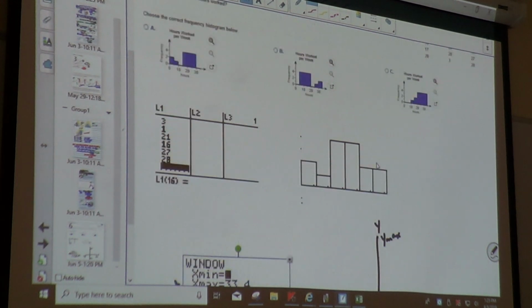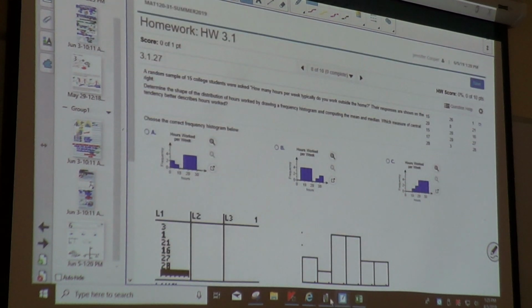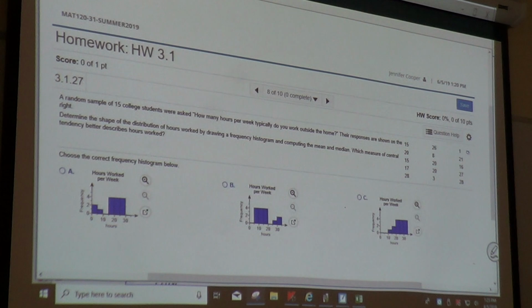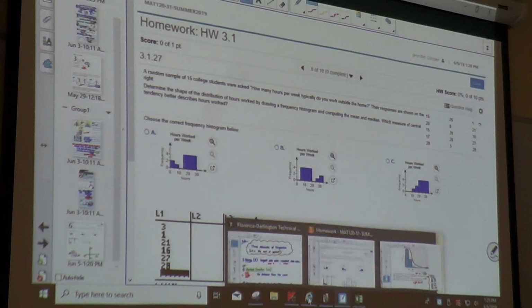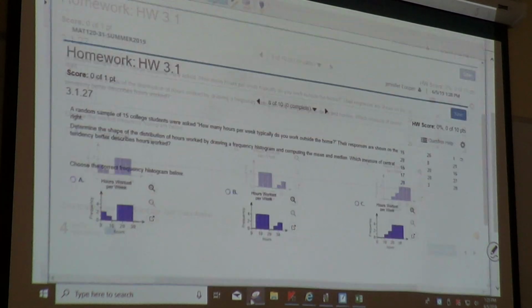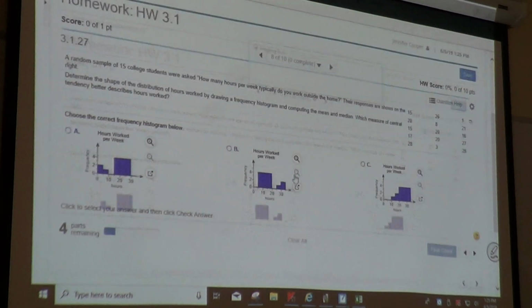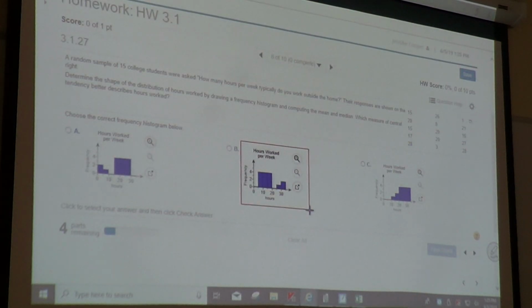So if we look at their little graph, I'm going to take one of their graphs and make it bigger. All of their graphs are the same. Let me go back to my homework. I'm going to grab one graph and make it bigger.